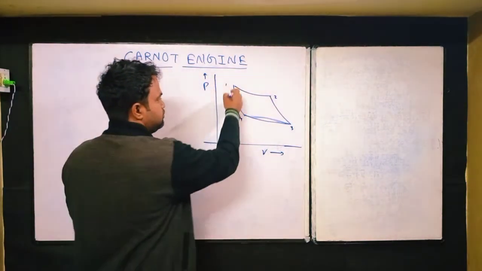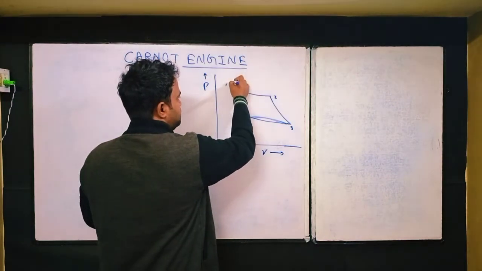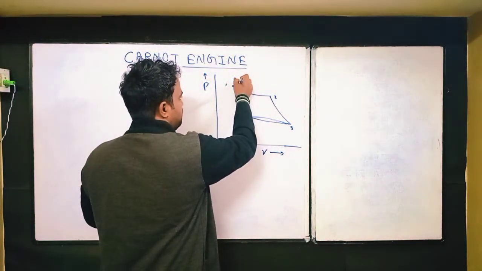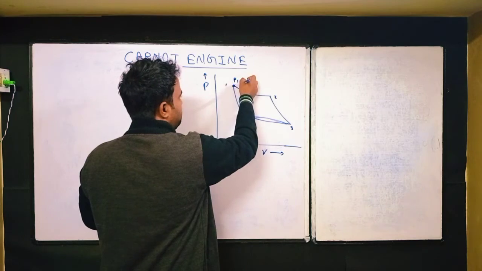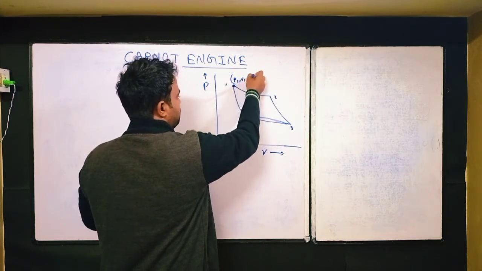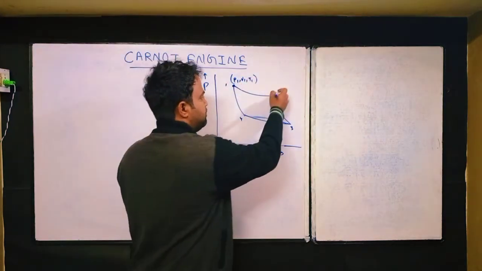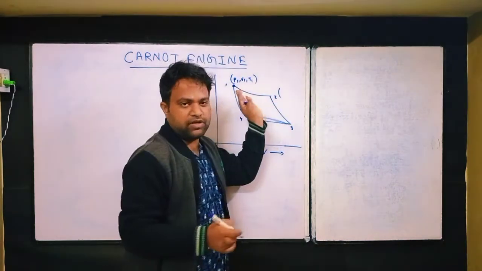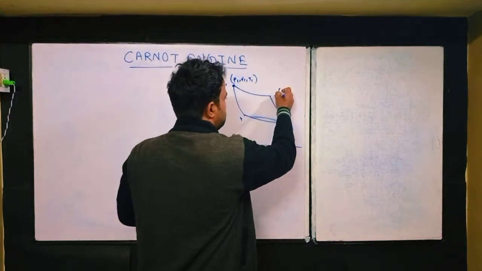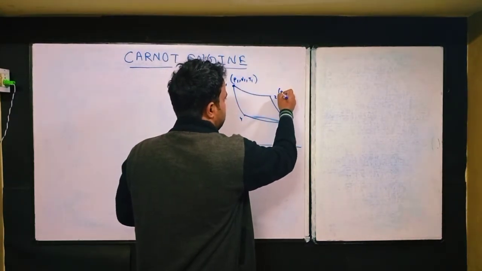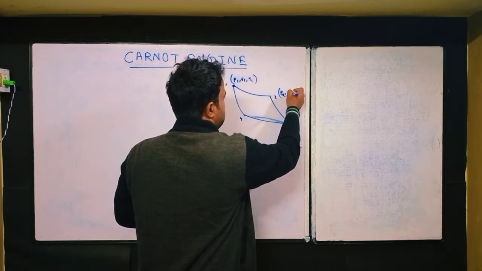From position 1, the initial position, the pressure is P1, volume is V1, and temperature is T1. Then at position 2, the pressure is P2, volume is V2, and temperature is T1, I'll explain why.